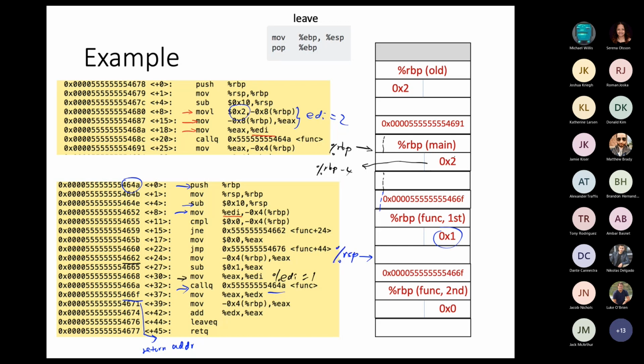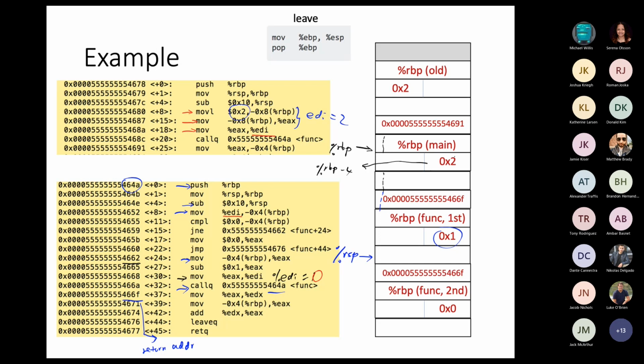For the new RSP, we still follow the routine. We compare the 1 with 0. It's not equal. Then we jump to 4662. And for the 4662, again, we subtract 1 from it. In this case, EDI would be 0. So here, EDI would be changed to 0. And then we make the function call again.